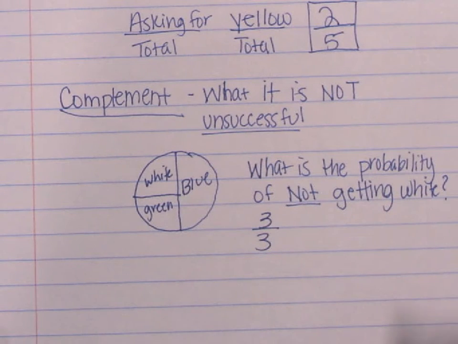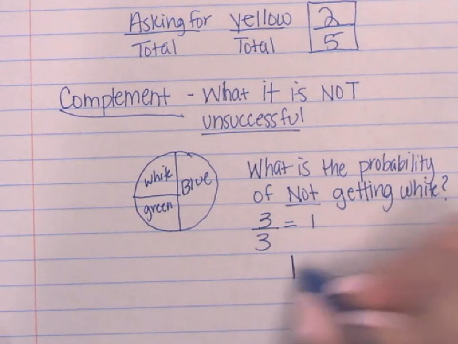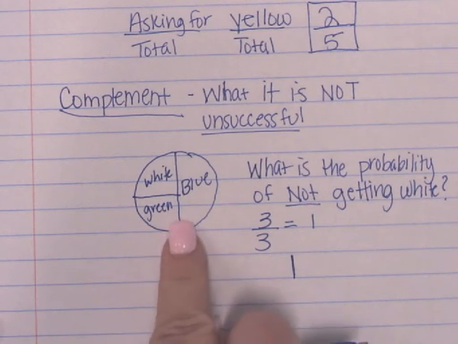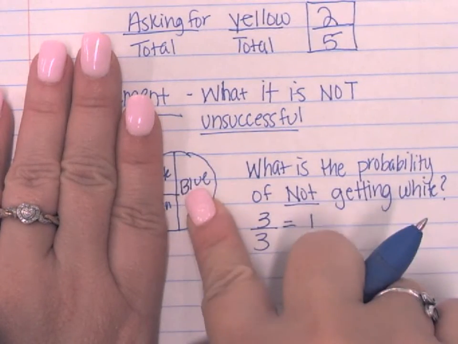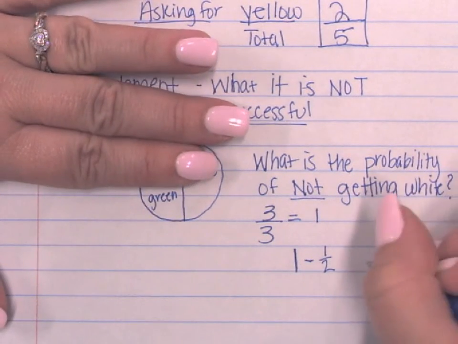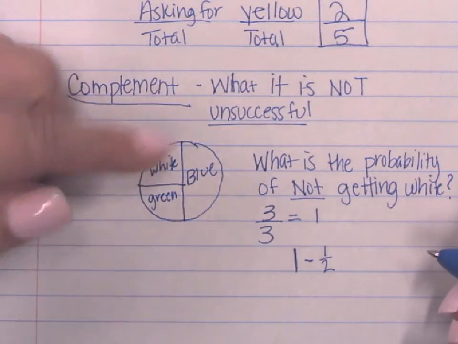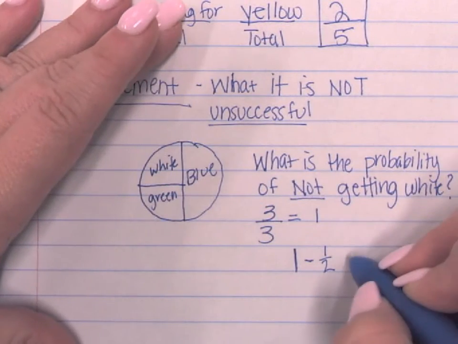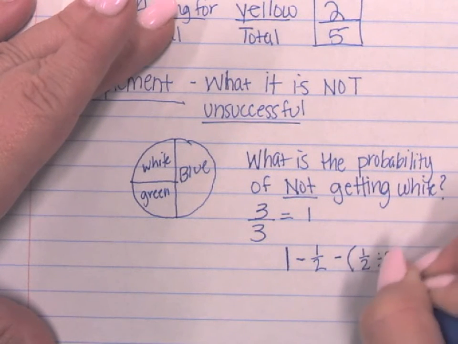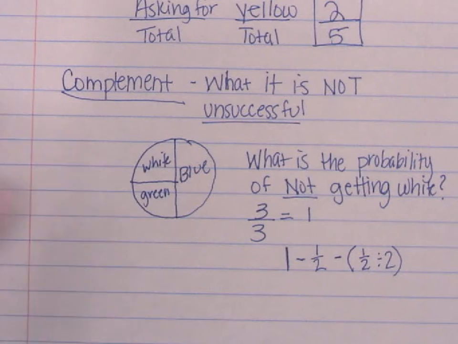There's 3 total sections. That is 1. So 1 is my whole number. I'm going to subtract the sections that are not 1, which is what? This is 1/2, right? Minus 1/2, and this is 1/2, but sectioned into 2 pieces. So I'm going to minus 1/2 divided by 2, okay, because this is 2 sections.